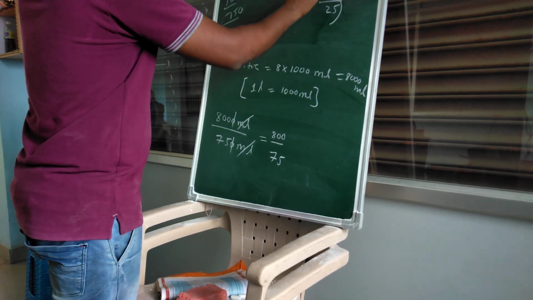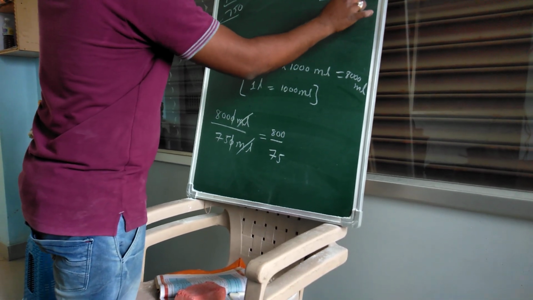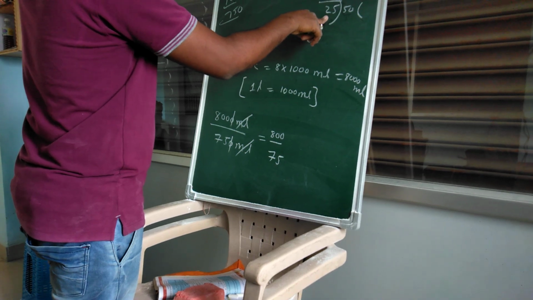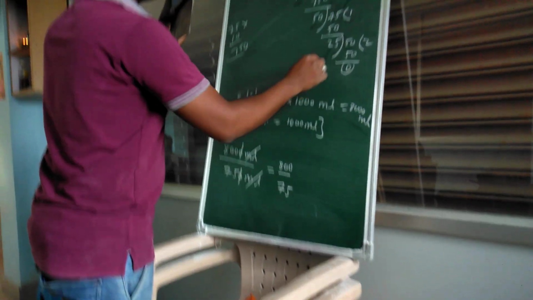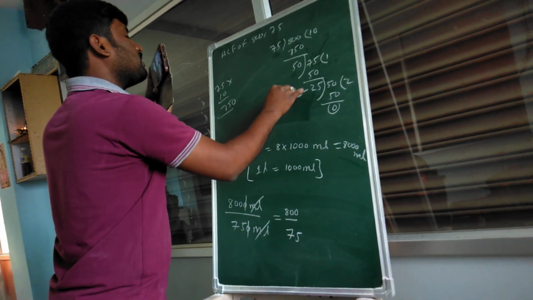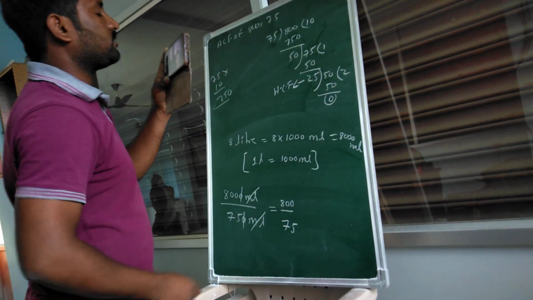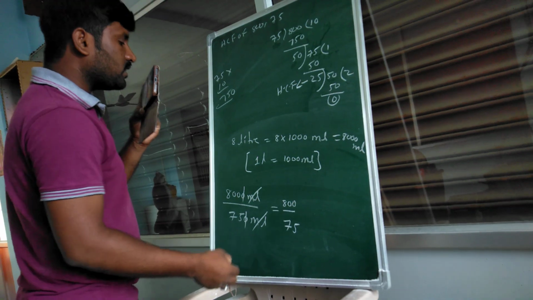Now 50 becomes the dividend, 25 is the divisor, 25 twos are 50. Okay? So what is the HCF? HCF is 25.